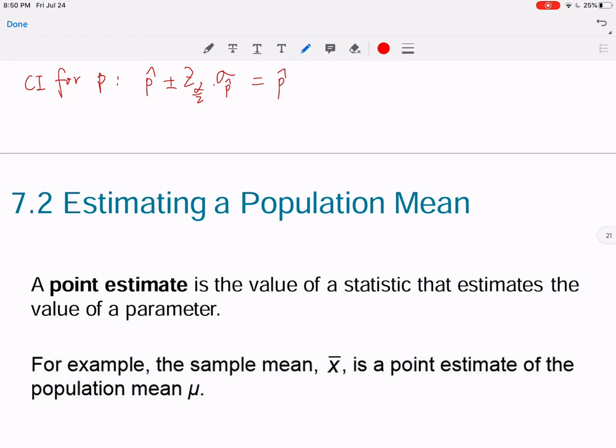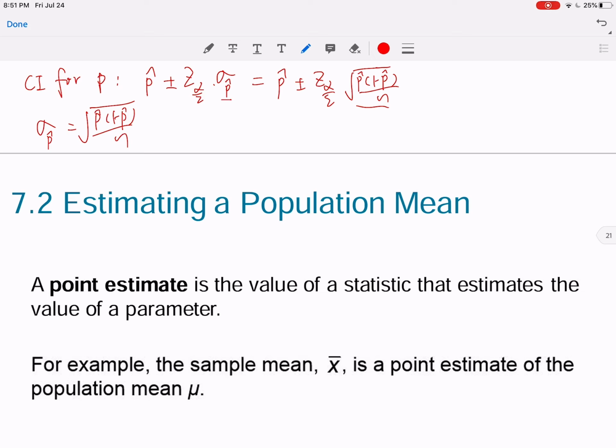P hat plus or minus Z sub half alpha multiplied by the square root of P hat times 1 minus P hat over N. And we know that the standard deviation sigma P hat is equal to the square root of P hat times 1 minus P hat over N. That's why I use sigma P hat here instead of this whole thing, because they are completely equivalent. So just keep this idea in your mind.